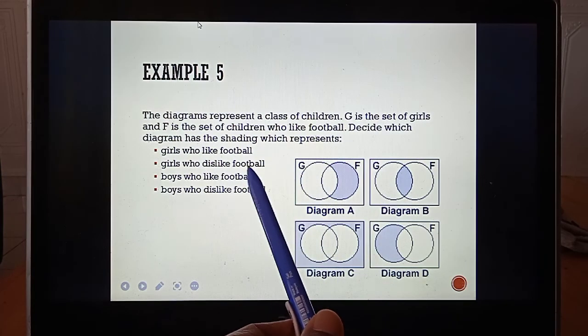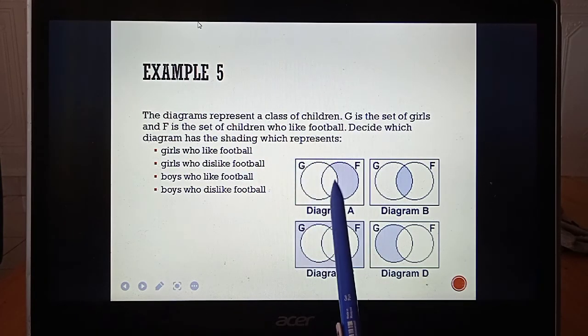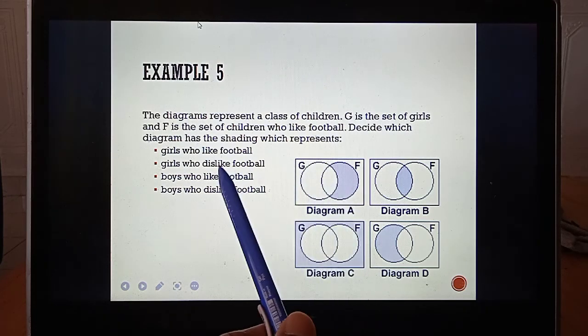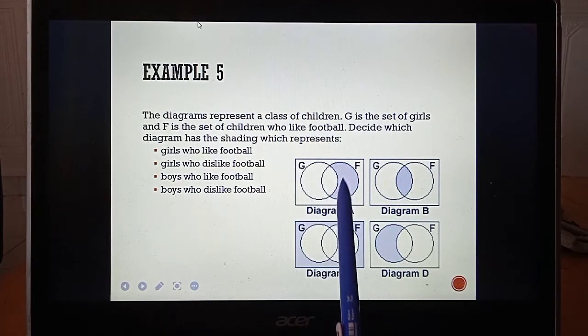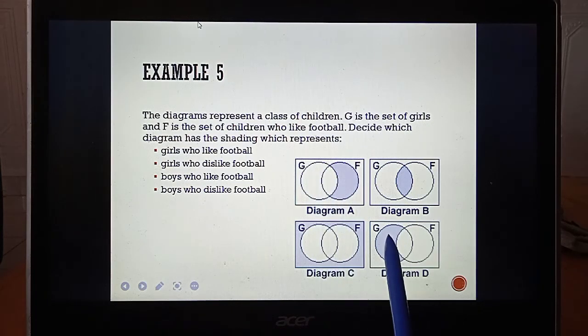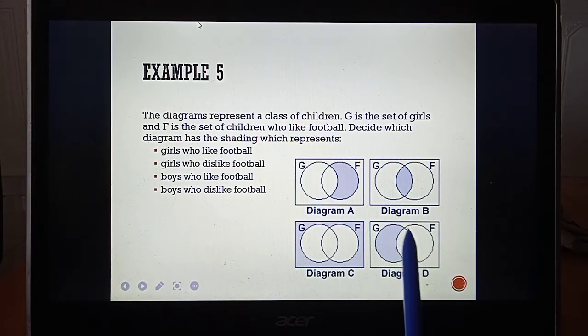Okay, girls who dislike football, so this girl should be outside. Meaning that should be this area. So this one, girls who dislike football. Must be outside the football circle.